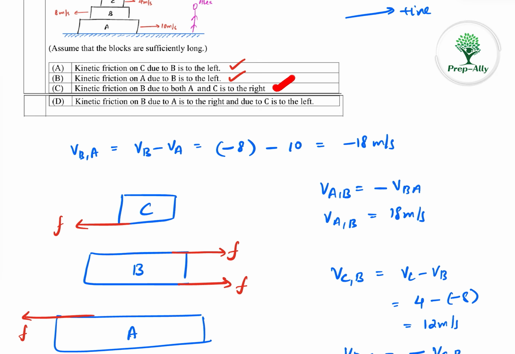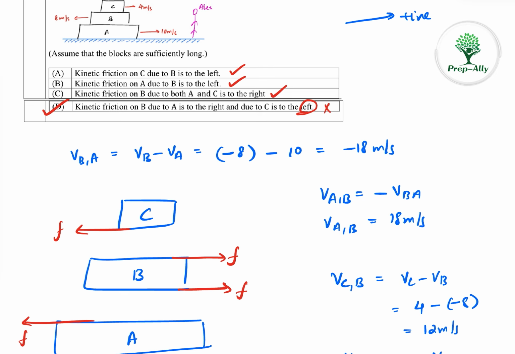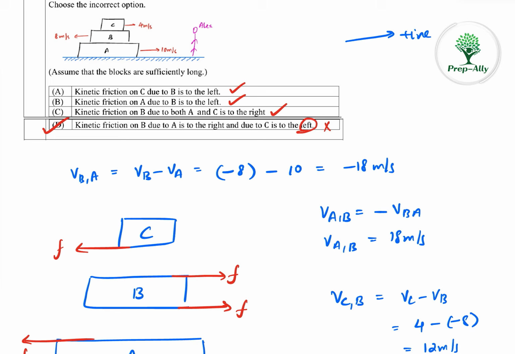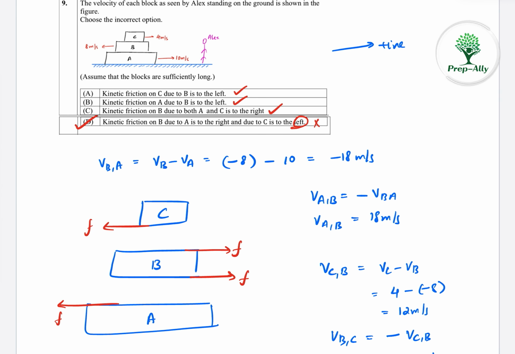So that also is correct. So obviously on B due to A to the right, C to the left, this is wrong. It is also to the right. So D is our answer. D is the only incorrect option here. Okay. We decide the direction of friction by observing the tendency for motion of one body as seen by the other.